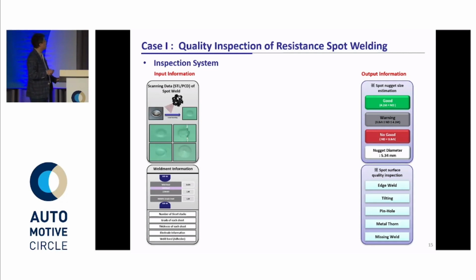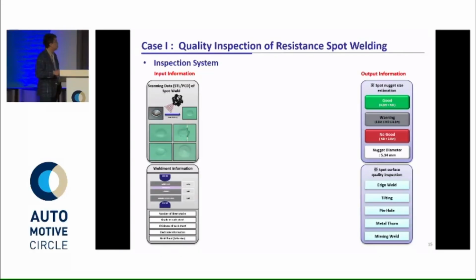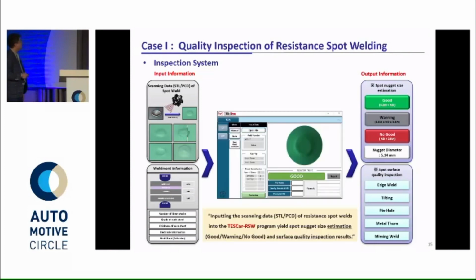With all this information, the output will be a good or no good judgment, and a nugget diameter estimation is possible. At the same time, the surface abnormality, such as edge weld, can be expressed. And these things can be done by our developed system, which is actually the black box here.